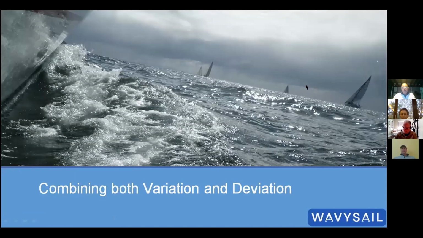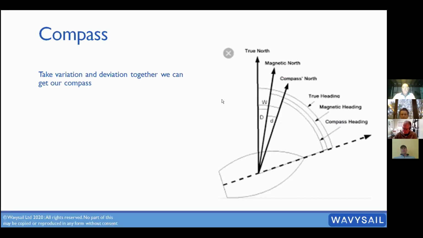Okay, so if we combine them both, we want to work things out. We combine both variation and deviation, okay? So we look at it. Take variation and deviation together, and we get our compass, okay? So true north. That's on our charts. Okay.